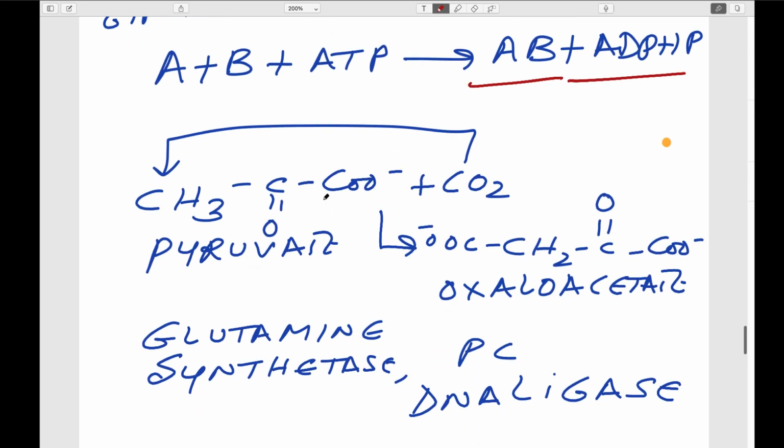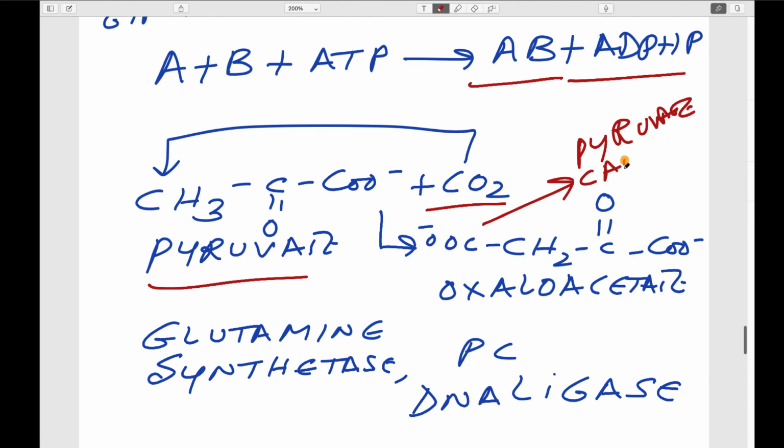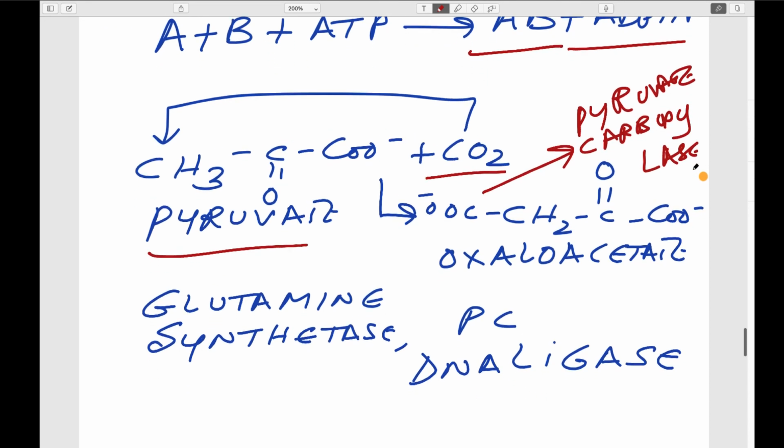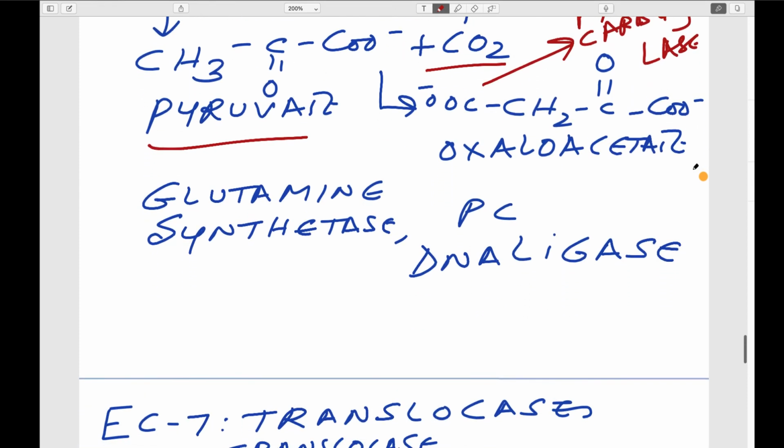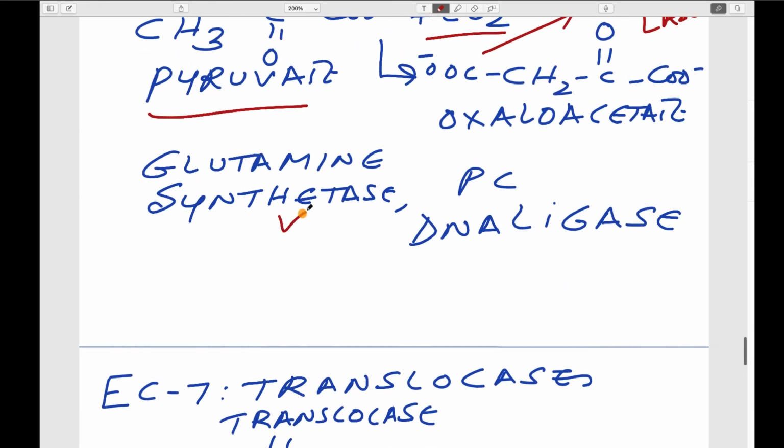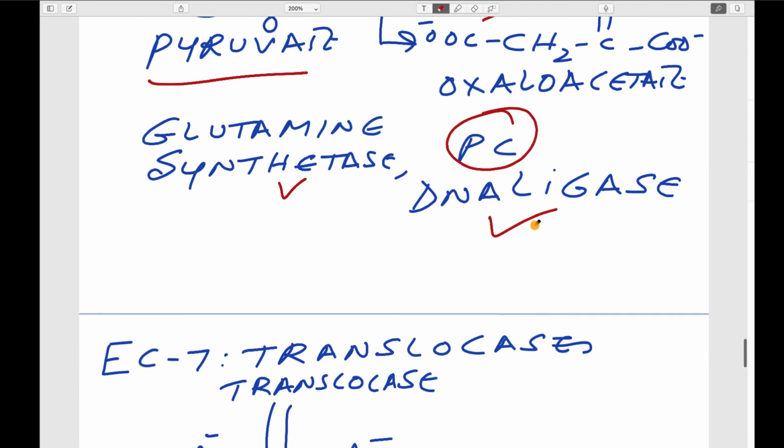Here you can see how the carbon-carbon bond is formed: pyruvate combining with CO2 by the action of pyruvate carboxylase, leading to the formation of oxaloacetate. The examples are glutamine synthetase, pyruvate carboxylase, and DNA ligase, one of the most important enzymes in DNA replication.